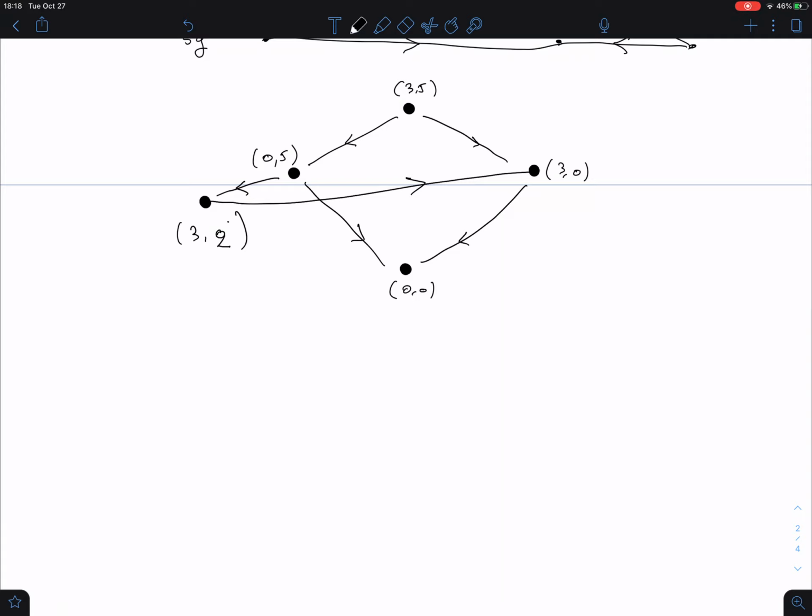Okay, so remember what the goal is. The goal is to see that from one of the evaluated positions there is a position in which one of the jugs has exactly 1 gallon in there.